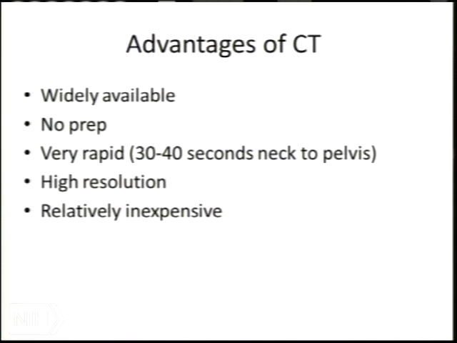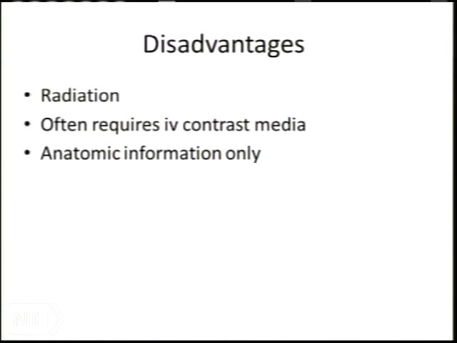In fact, the table moves so fast that they have to put a brake on the table to slow it down gently so that the patient doesn't jolt off the table. That's how fast the machine is moving. So this is very, very quick, and it's very high resolution, as that image that I showed you. And nothing is cheap in the radiology department, but relatively, it's inexpensive. So it has many advantages.